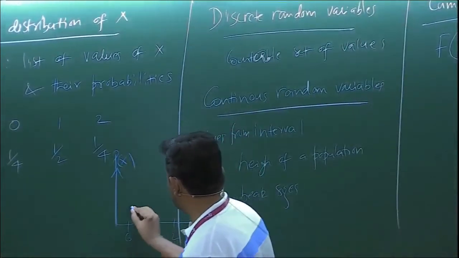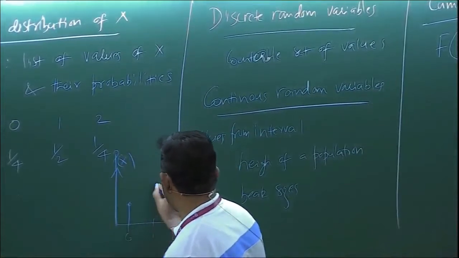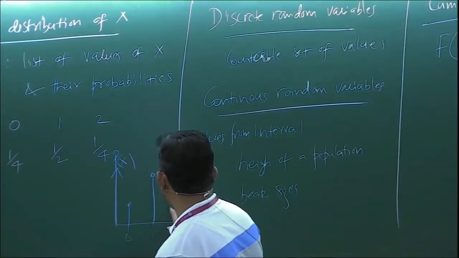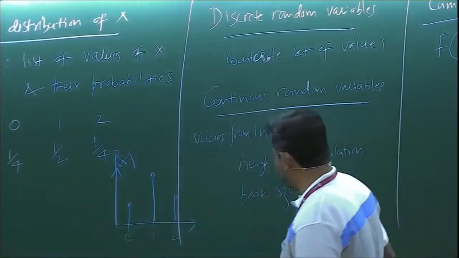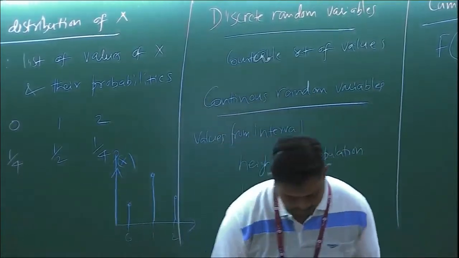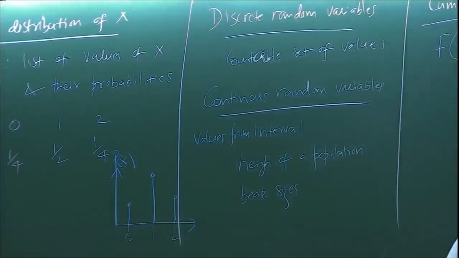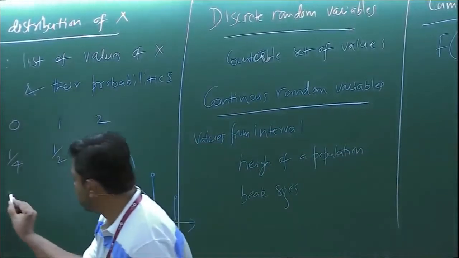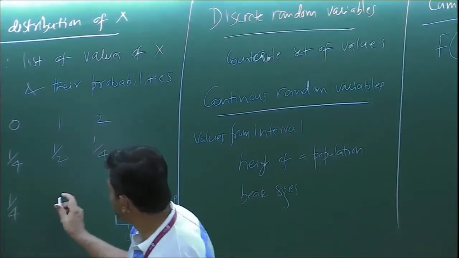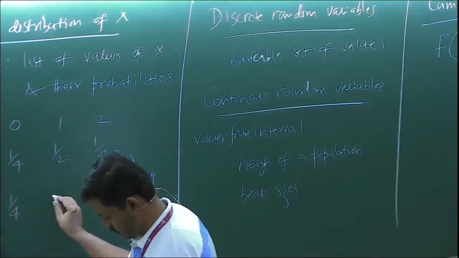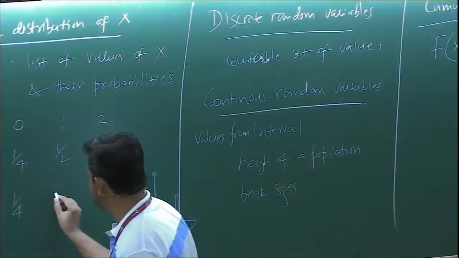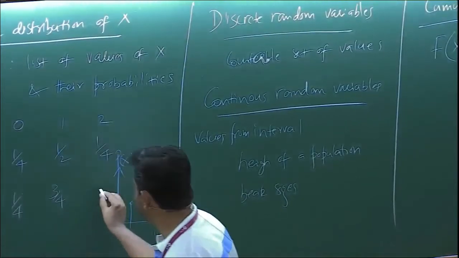At 0 it is 1/4, at 1 it is 1/2, and at 2 it is 1/4. Tell me the cumulative probability distribution. What are the values of that? 1/4, and then half plus 1/4, which is 3/4, and finally 1.